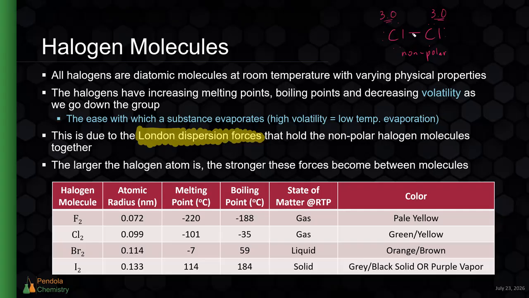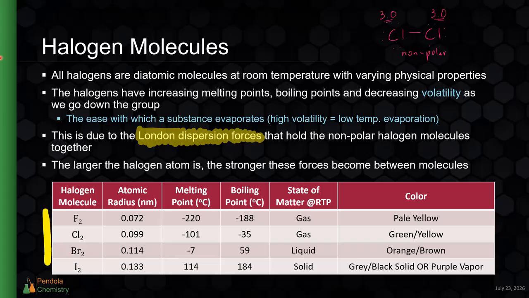Flatness here doesn't really count because we only have two atoms, but size does as we go down. As we go down the group, the size of the halogens changes. The larger the halogen atom is, the stronger the forces of attraction become.